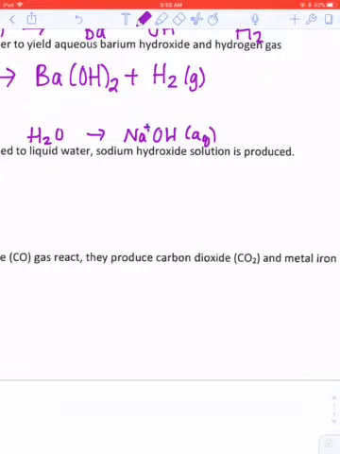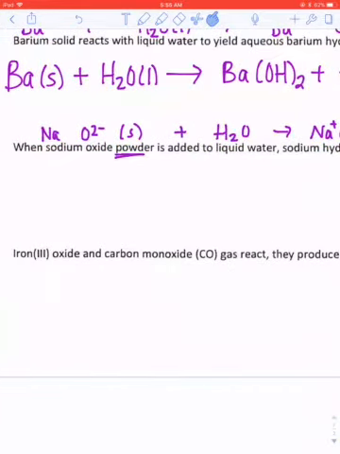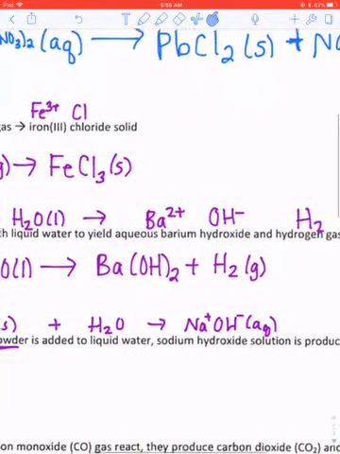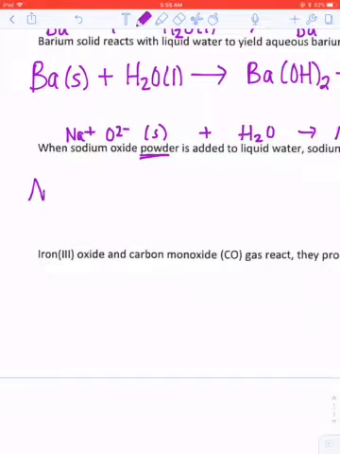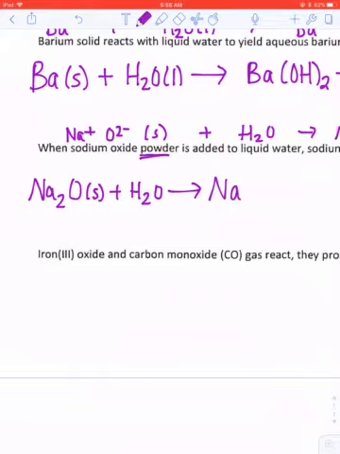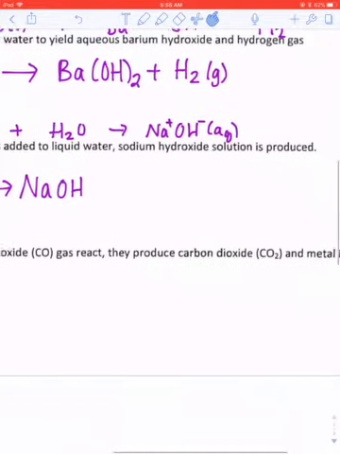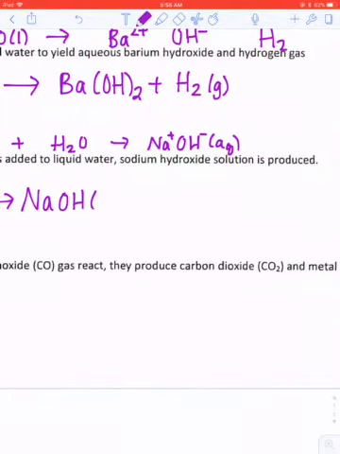Okay, Na plus, OH minus. So we've got Na2O, it's a powder, it's added to water, so it looks like we make NaOH solution. Okay, and that's it.